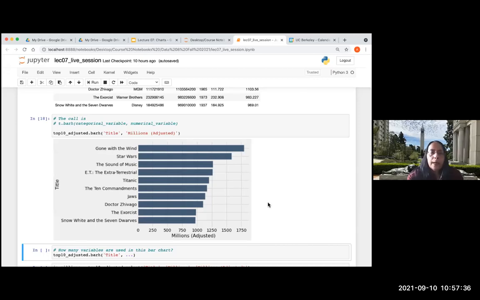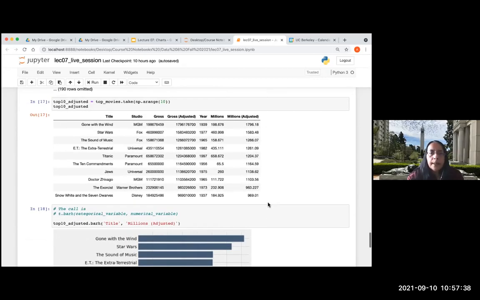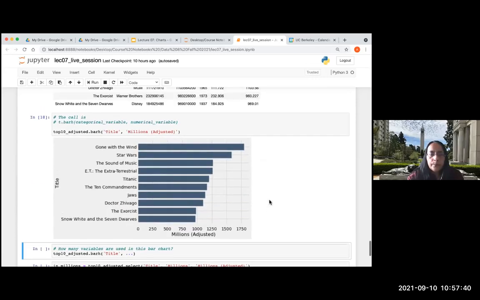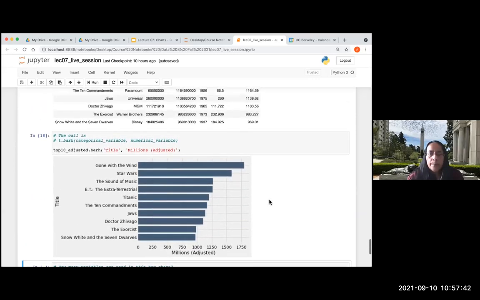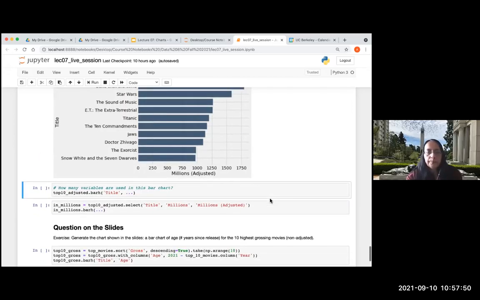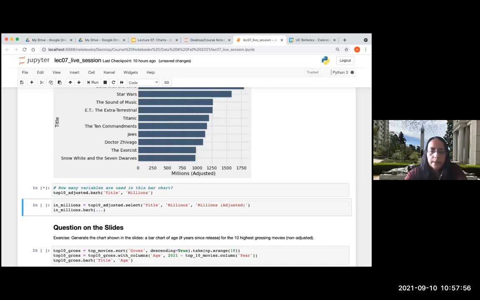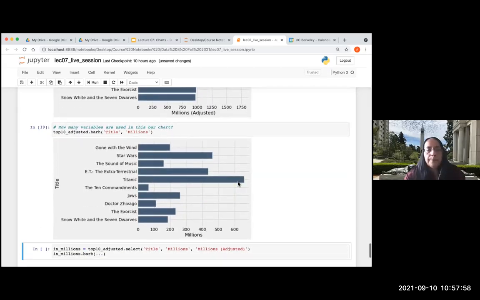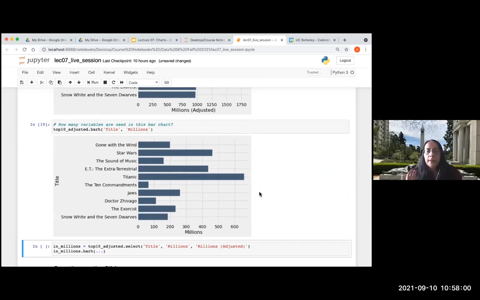Okay, so what I want to do now is plot a bar chart, this same categorical variable, but I just want to plot the millions. Okay, so there's actually a discussion.